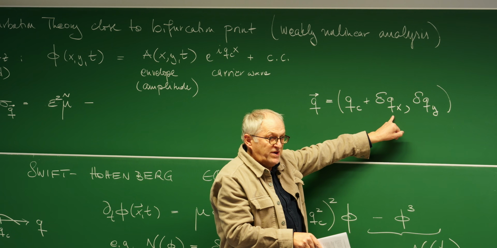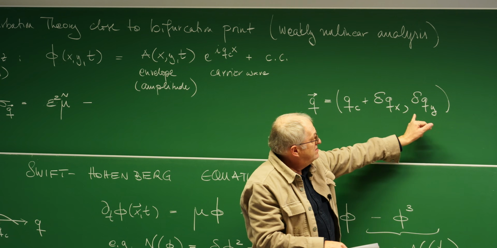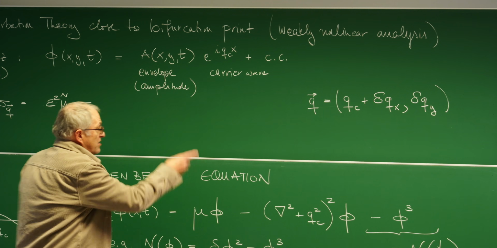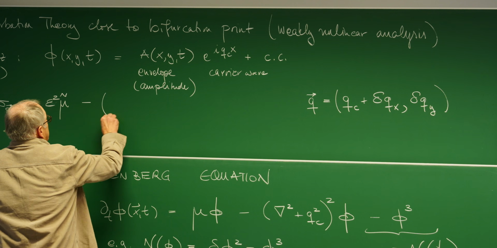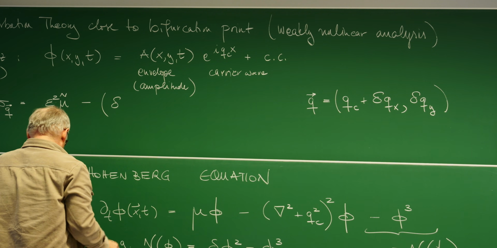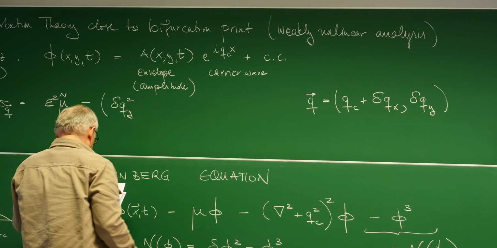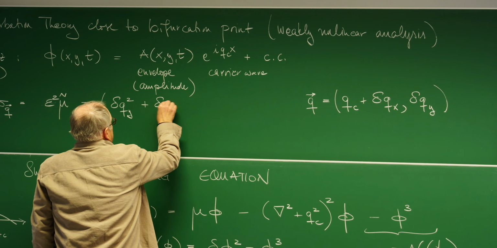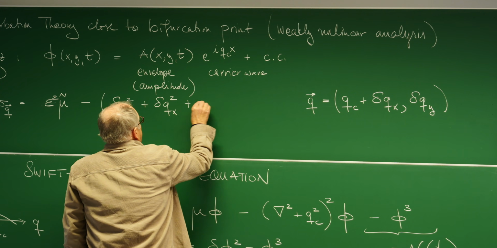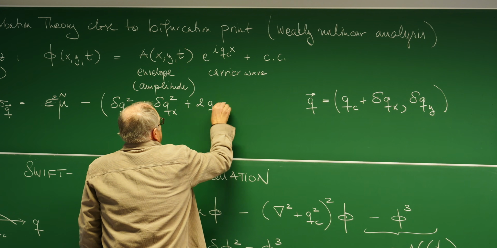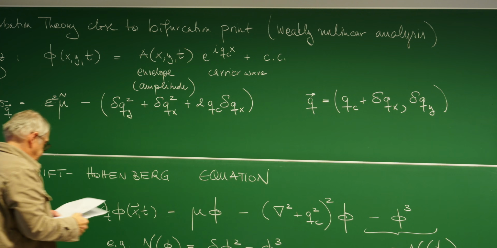This is the delta qx that are in this small band. And in the y direction, this is delta qy. So as you insert that into the dispersion relation, you get minus delta qy squared plus delta qx squared plus 2 qc delta qx.